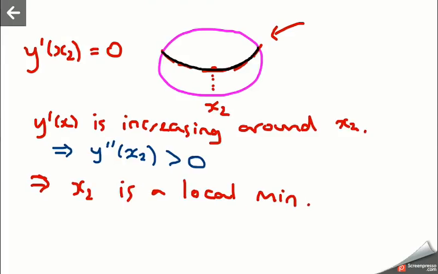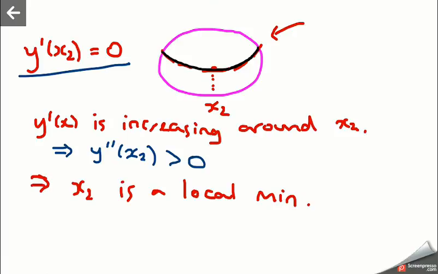So supposing that y prime of x2 equals 0, and if y prime prime of x2 is bigger than 0, then that means that y prime of x is increasing around x2 until it reaches 0 at x2, and then it starts getting more and more positive.